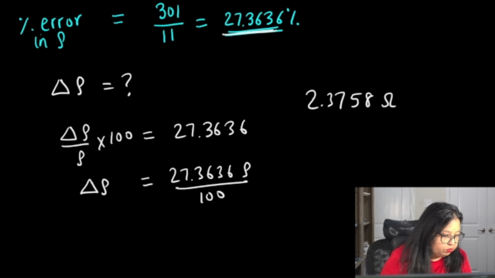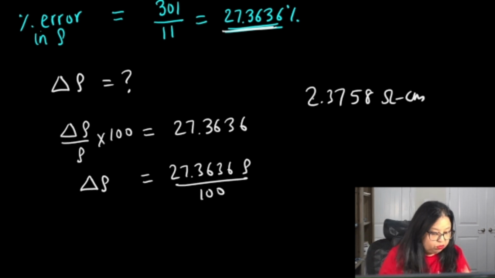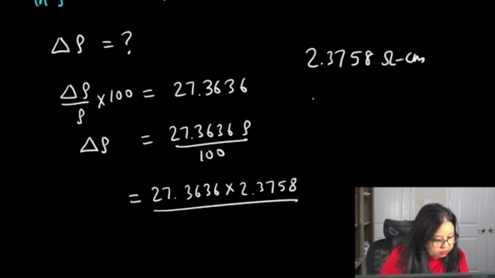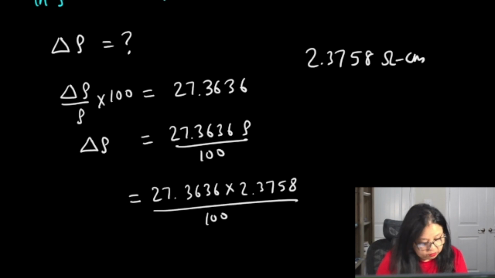I'm just writing it here so I don't have to scroll back up to check the answer for rho. So I get 27.3636 times 2.3758 divided by 100.